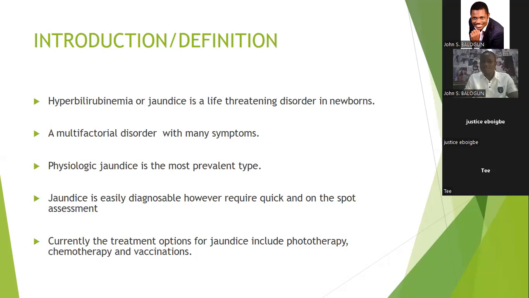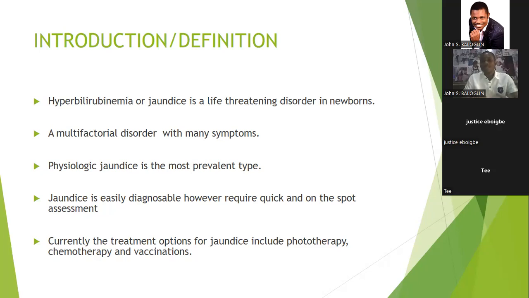Now, it is very easily diagnosed. It's a clinical diagnosis. Sometimes you use laboratory backup to confirm it, at least to let you know the modality of treatment that you are going to use. So that is why sometimes we need laboratory confirmation. But still, clinically, you can assess. For instance, if the jaundice is only on the face, it gives you a rough estimate of the particular value.